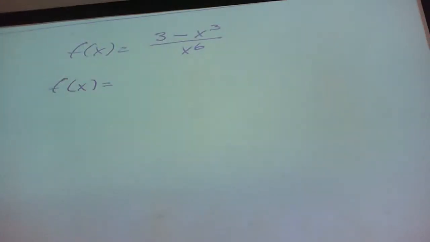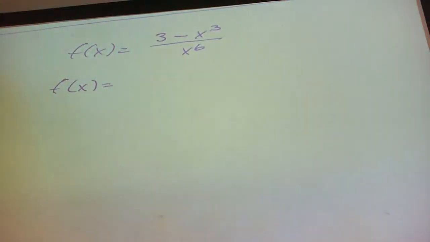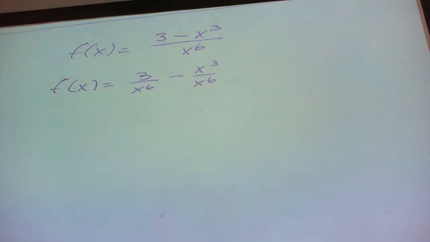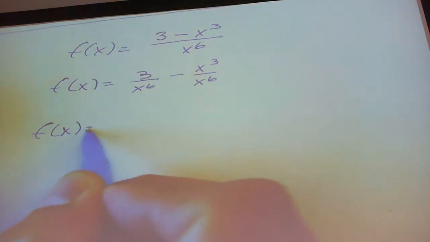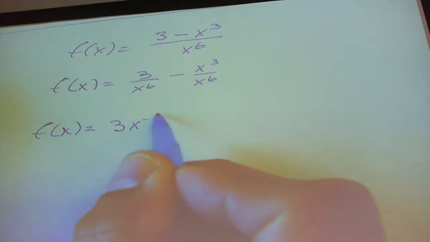The 3, the x to the 3rd, both? Both of them. So I'm going to write that. 3 over x to the 6th minus x to the 3rd over x to the 6th. So just rewriting it, not taking the derivative. Then, can we clean this up a little bit? Well, remember, if I have to take the derivative, I don't want the exponent on the bottom. So that would be 3x to the negative 6.